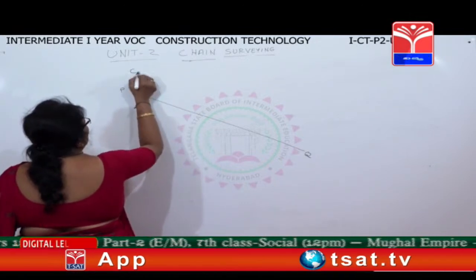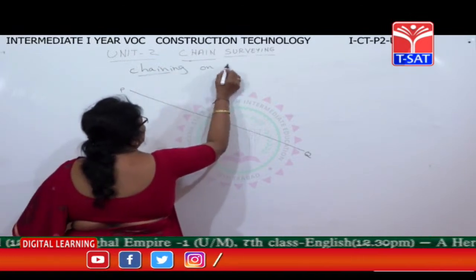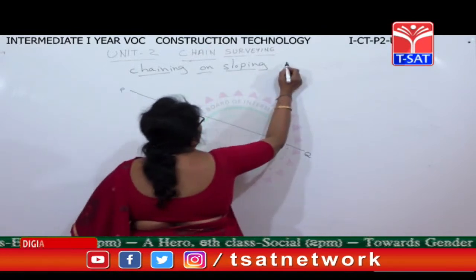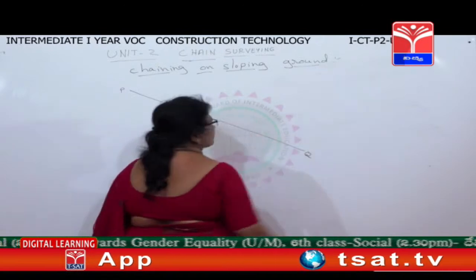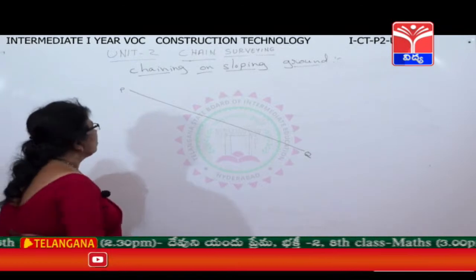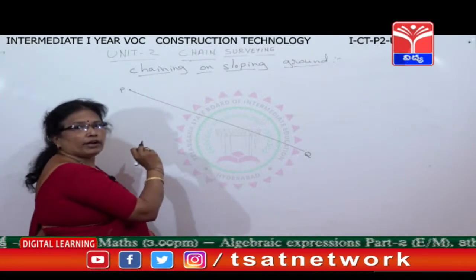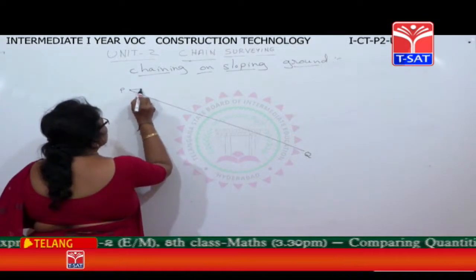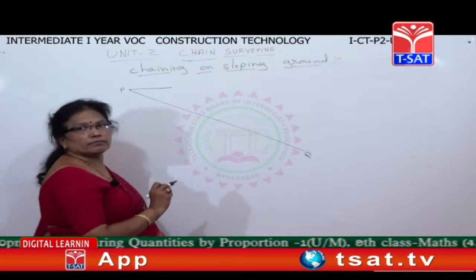Chaining on sloping ground. Here you have to follow the stepping procedure. You will place one end of the chain, keep the chain in a horizontal direction and stretch the chain.